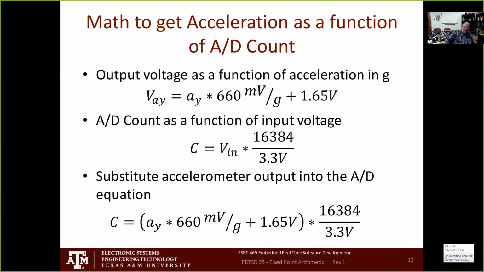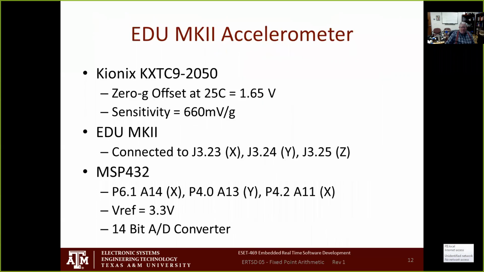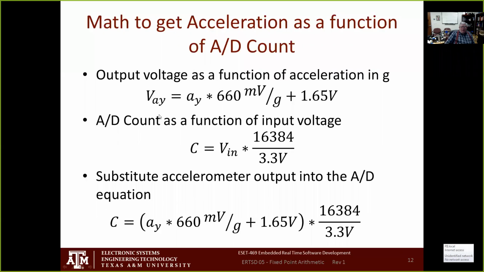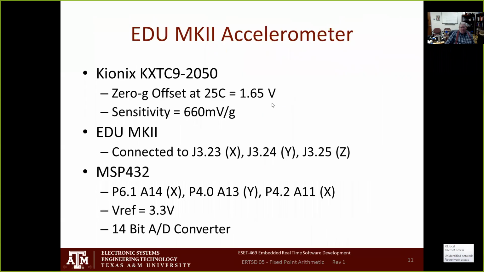So let's say that I want to know how many G's of acceleration I'm experiencing in a particular axis. So I know that given this information here, if I want to find the output voltage for that particular acceleration, I take the actual acceleration, multiply it times 660 millivolts per G. Where did I get that?